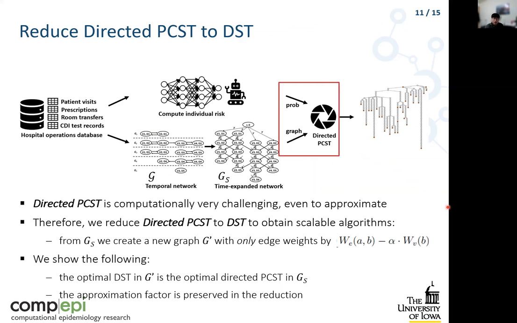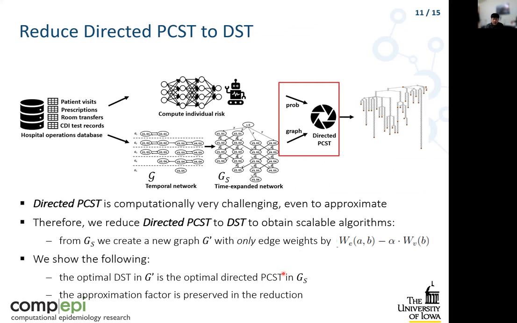Therefore, we reduce the directed PCST to directed Steiner tree to obtain scalable algorithms. And we do this by, from the time-expanded network, creating a graph with only edge weights. How we do this is that for each edge, if the target node of that edge is a non-terminal node, then we subtract a scaled node weight of this node from the edge weight.